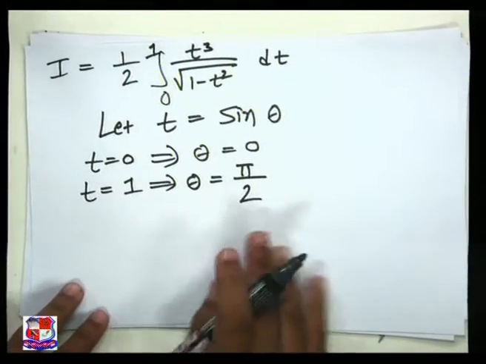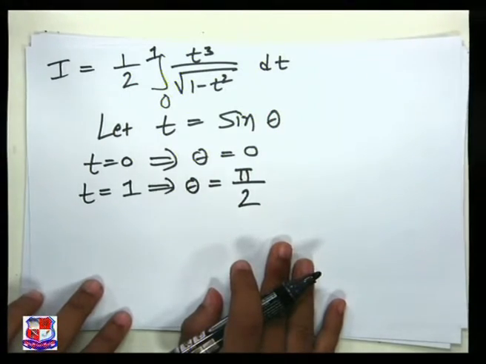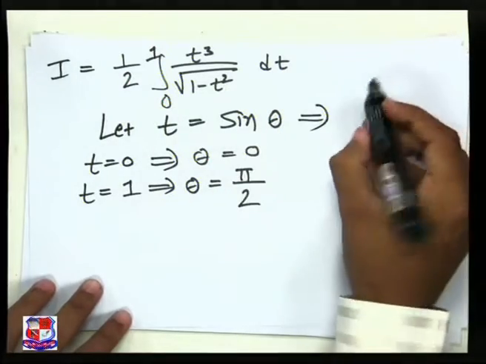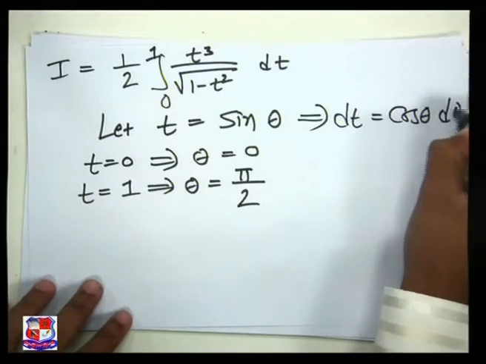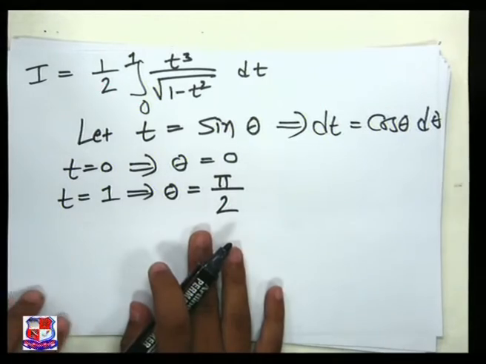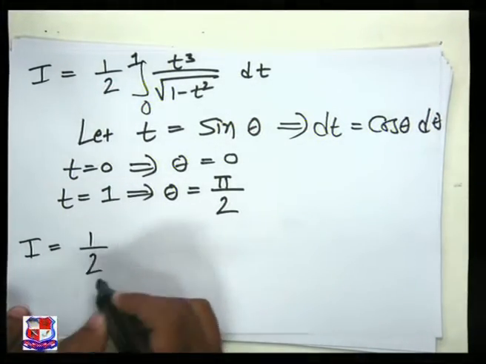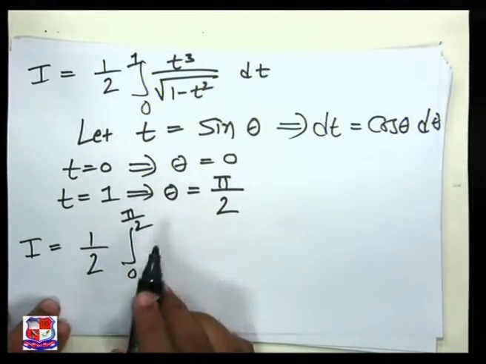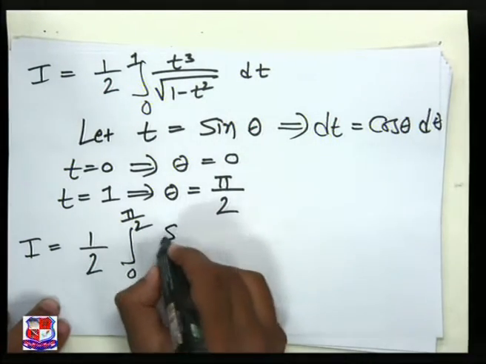Now also t is equal to sin theta, so dt is equal to cos theta d theta. So put all this value, we get 1 by 2, integration from 0 to pi by 2 of t cube, so that is sin cube theta.